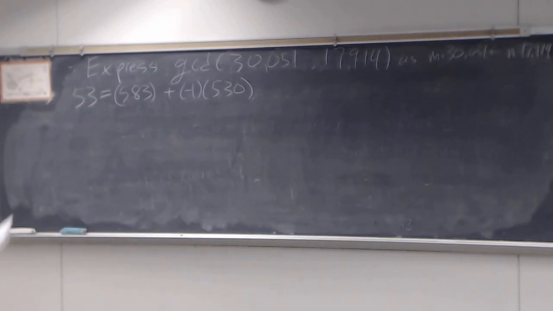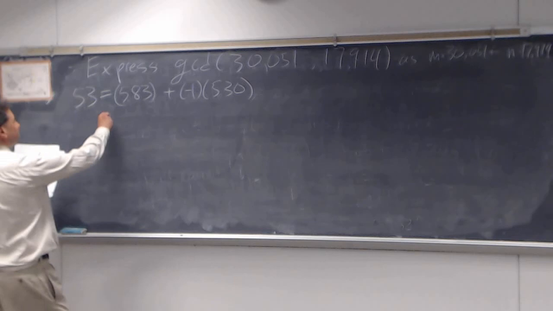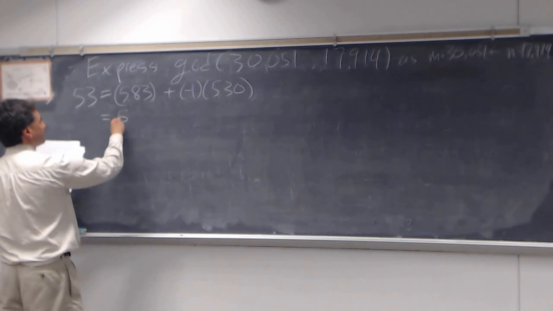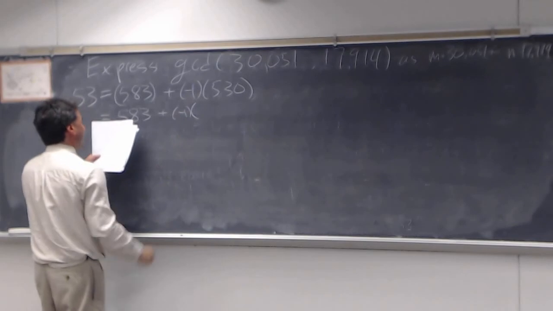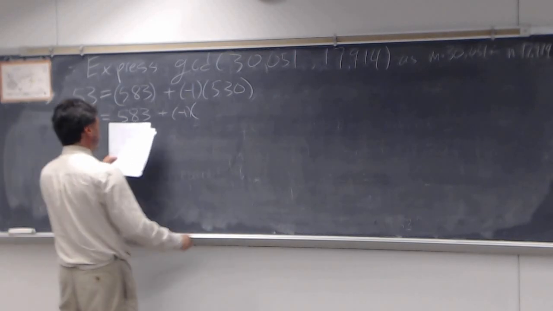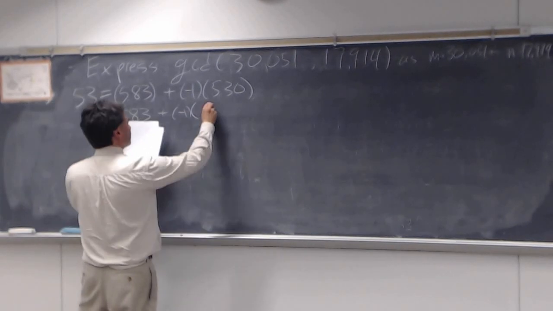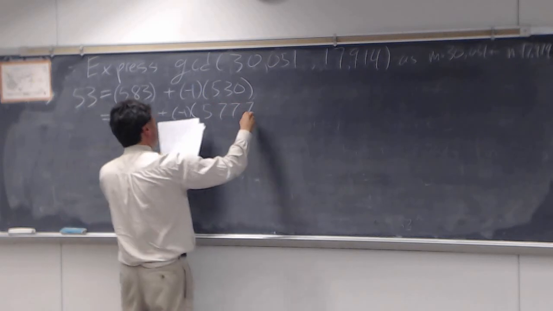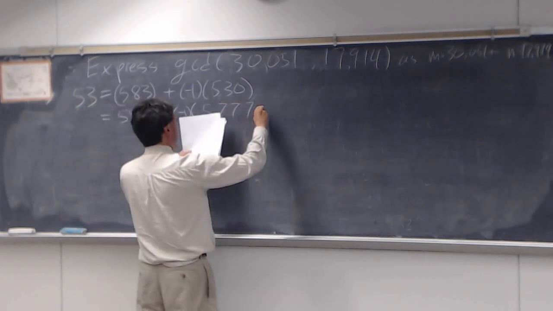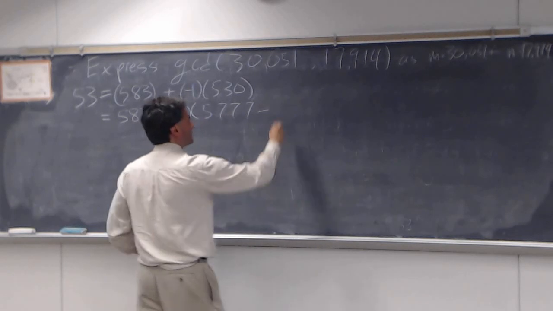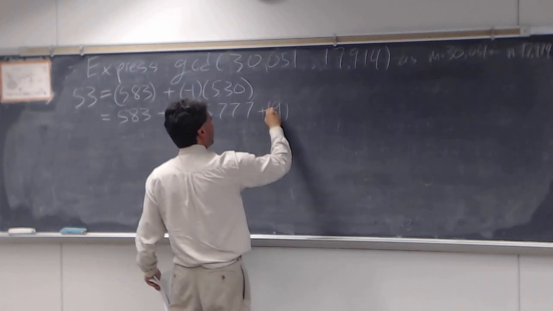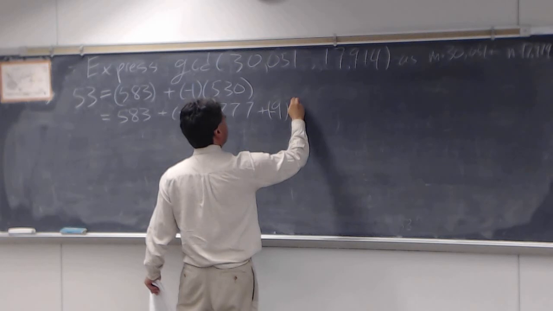Then I'll go to the next line up, and what I'll substitute in, I have an expression for 530. So 530 is going to be 5,777 minus, or plus a negative 9 times 583.